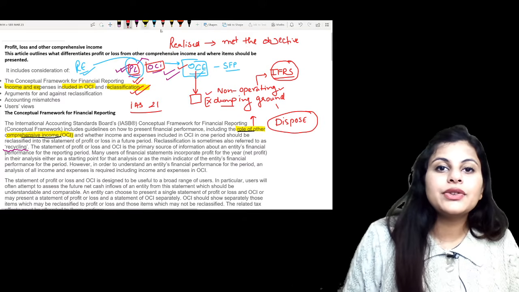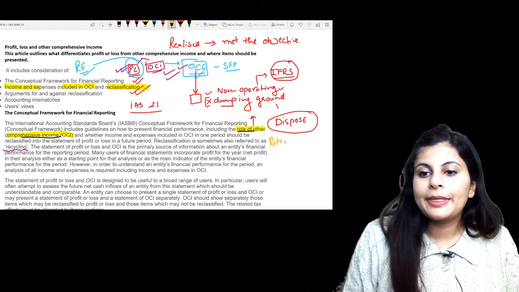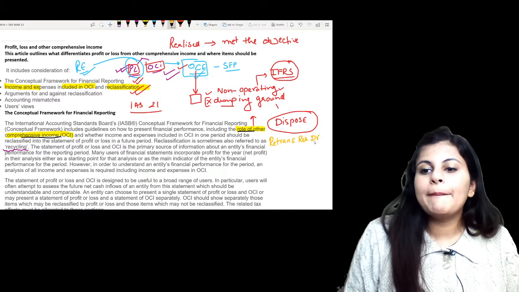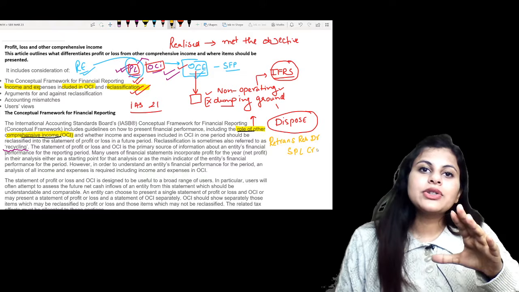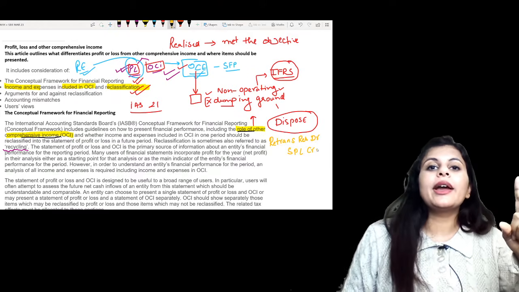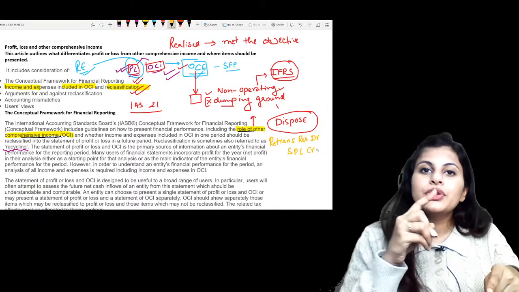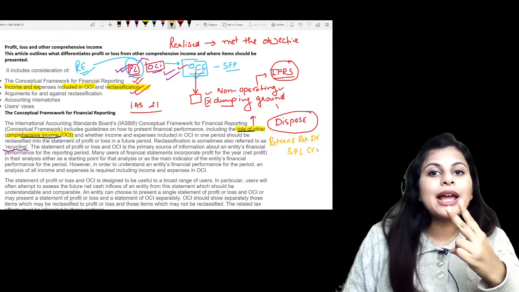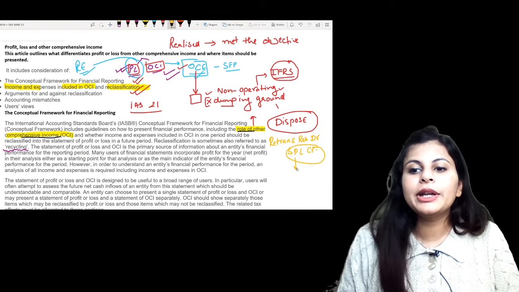My journal entry will be retranslation reserve debit, and my statement of profit and loss credit. So when that retranslation reserve was created, OCI was credited. Now I'm transferring it from the reserve to the P&L. So two times. Now automatically at the year end, whatever went to P&L will be taken to retained earnings.